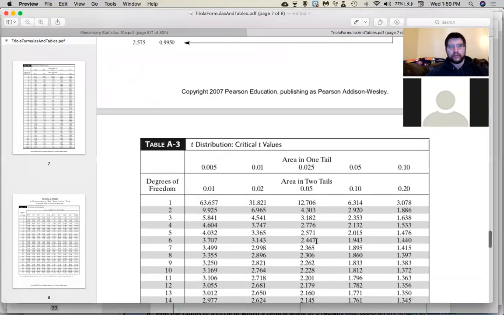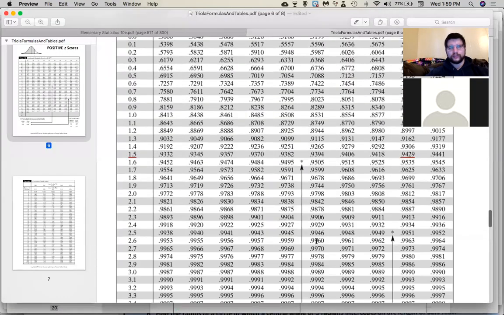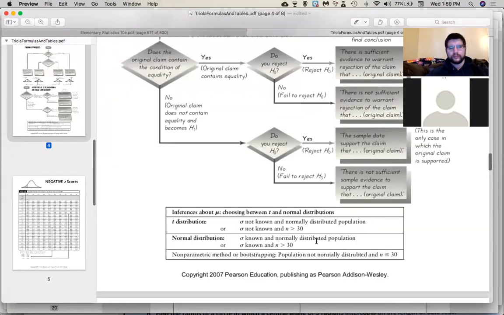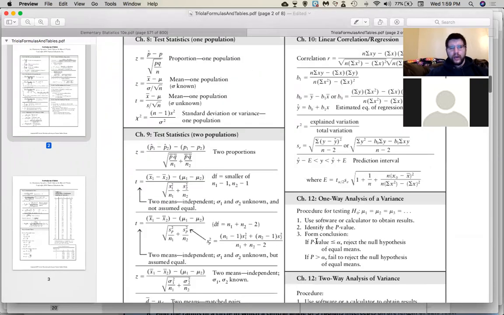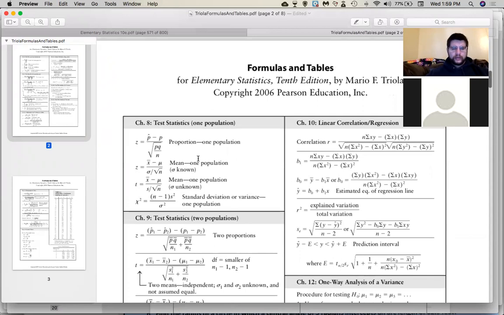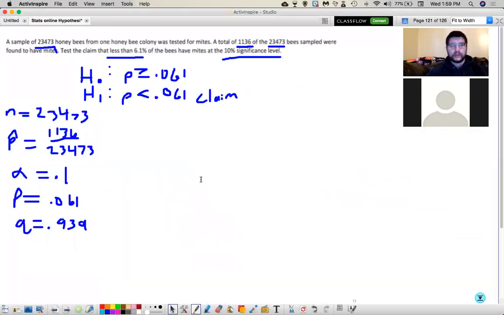Now, again, we're going to find the test statistic first. Test statistic for a proportion. Notice we're not talking about the mean in this problem. It doesn't say anything about mean in here. We're talking about a percentage, a proportion of the bees having mites.